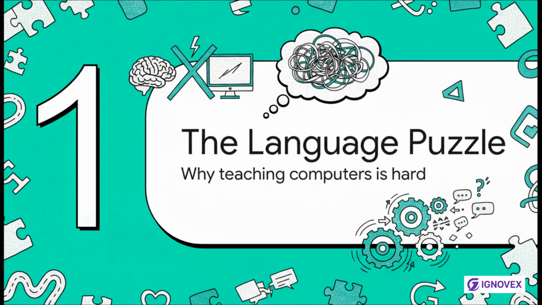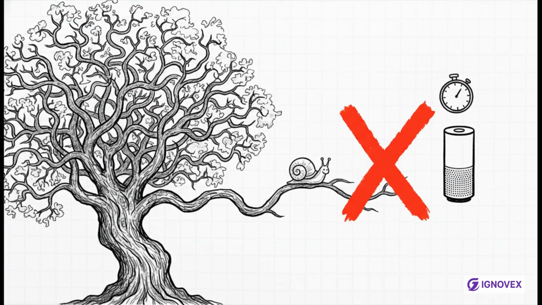Okay, so let's get into what we're calling the language puzzle. You see, human language is messy, it's complex, it's beautiful, but for a computer, it's a nightmare. Trying to teach a machine to do a full grammatical breakdown for every sentence is just way too slow. Just think about it for a second.